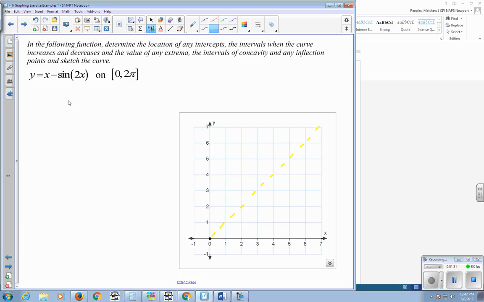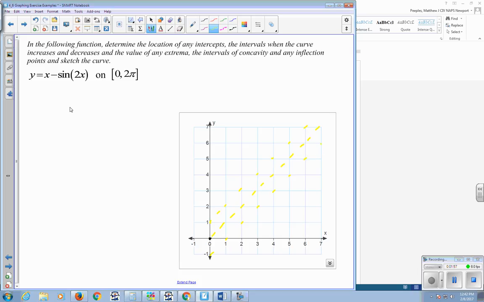Not only that, we note that the amplitude of the sine of 2x is 1. That means that this graph will never go any higher than 1 above that center axis. So we can just mark lightly right here the top and the bottom of the amplitude for this function over the interval that we're interested in.